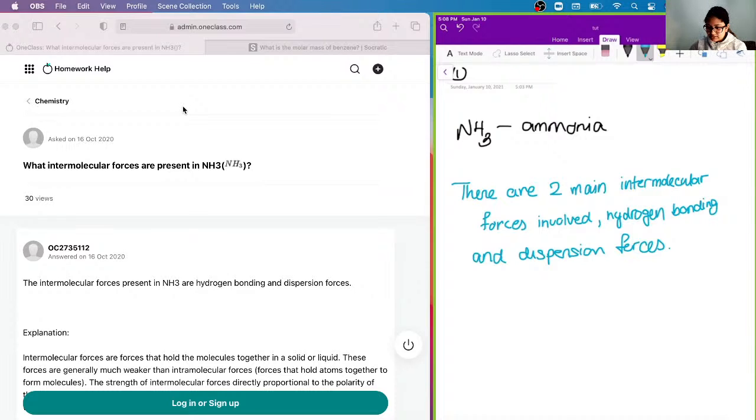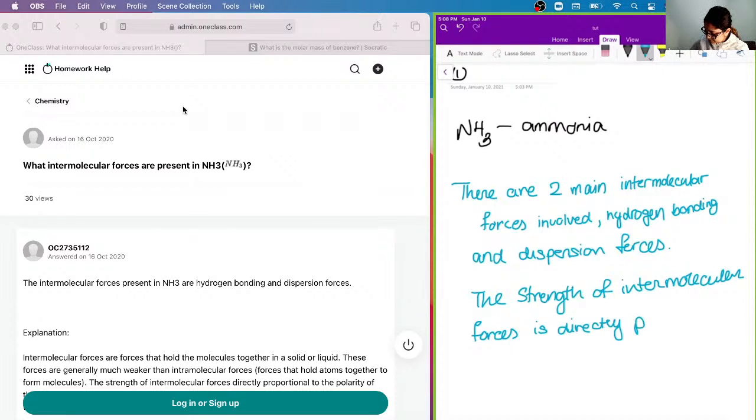The strength of intermolecular forces is directly proportional to the polarity of the bonds.